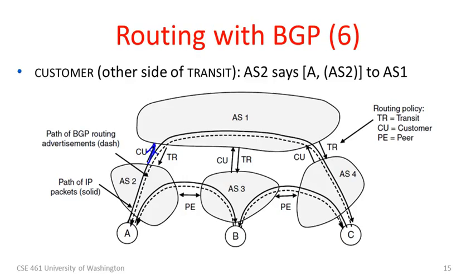So it will send an announcement up to AS1 saying, hey, I have this prefix A, and you can reach it along the path AS2.